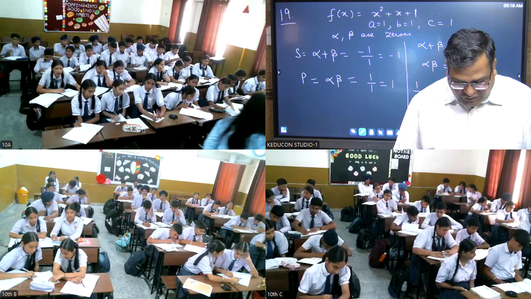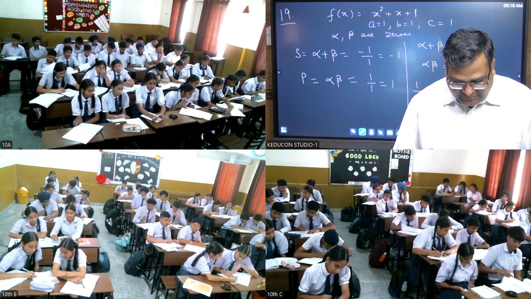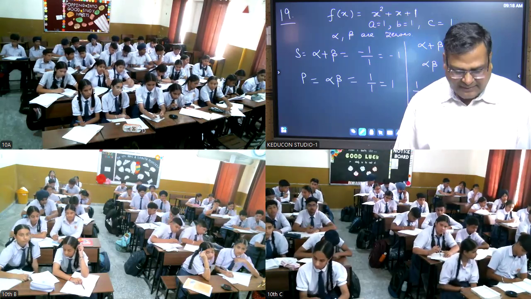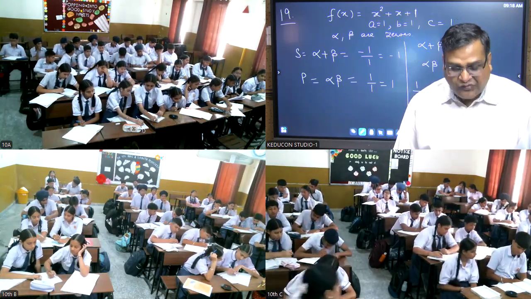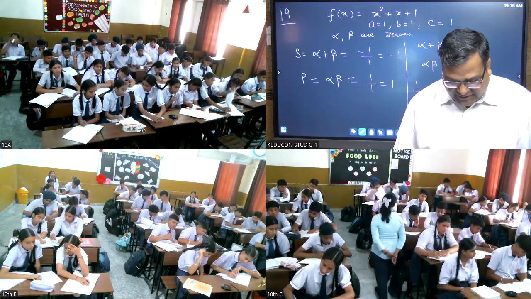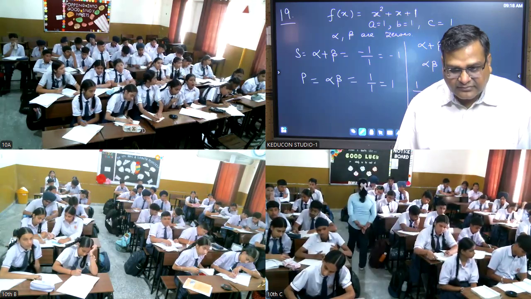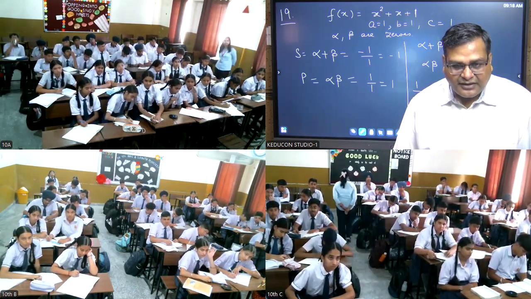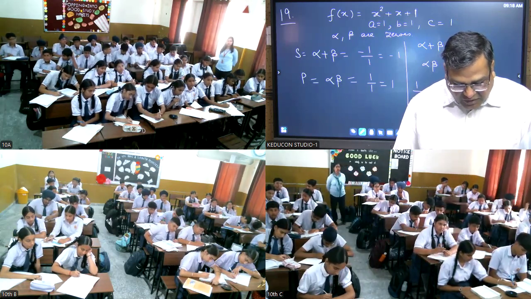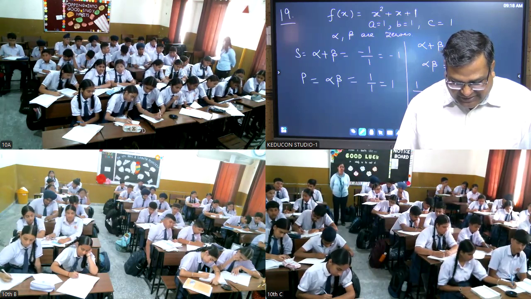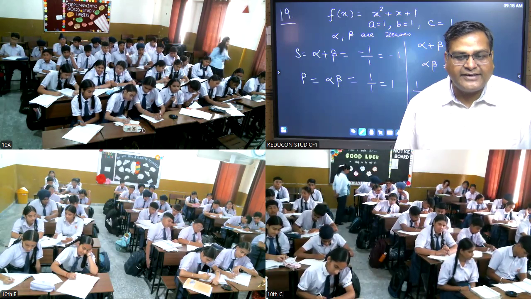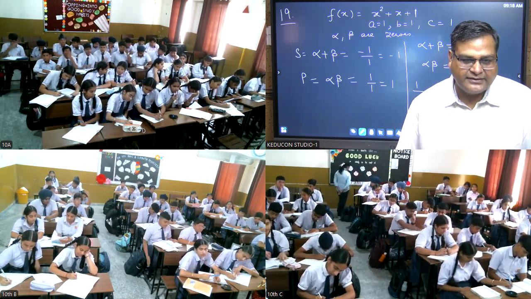If product of two zeros of a quadratic polynomial is the relation between a and c, right?